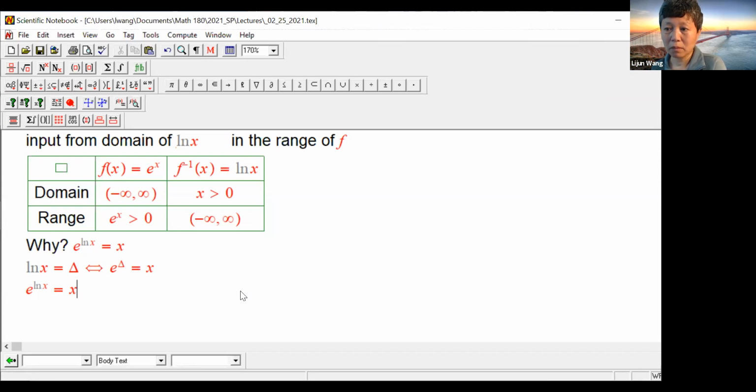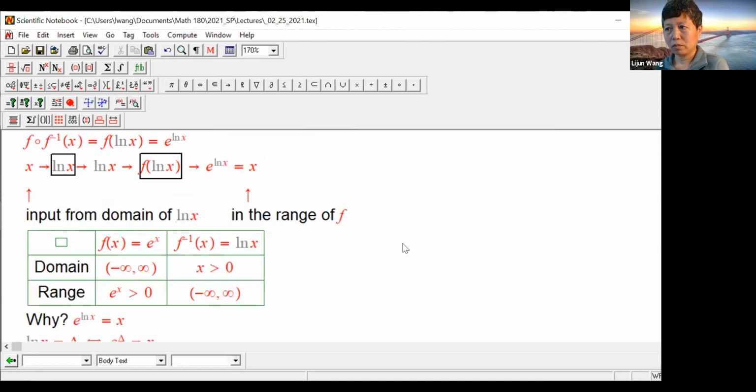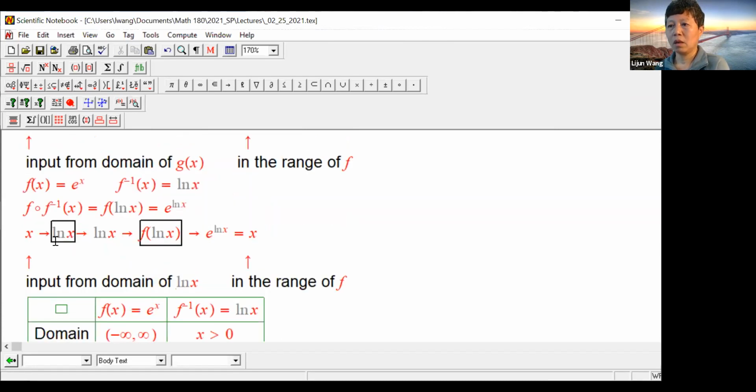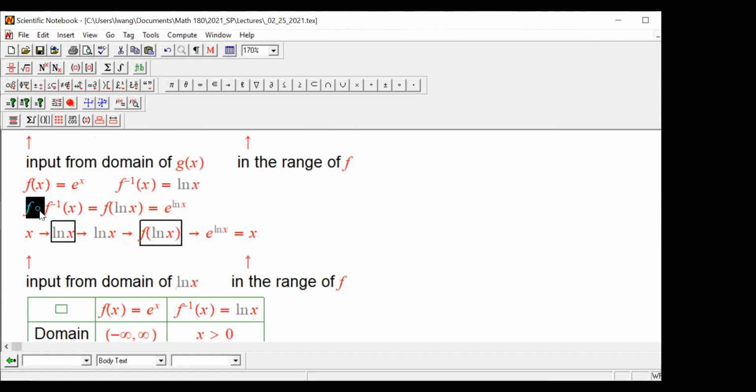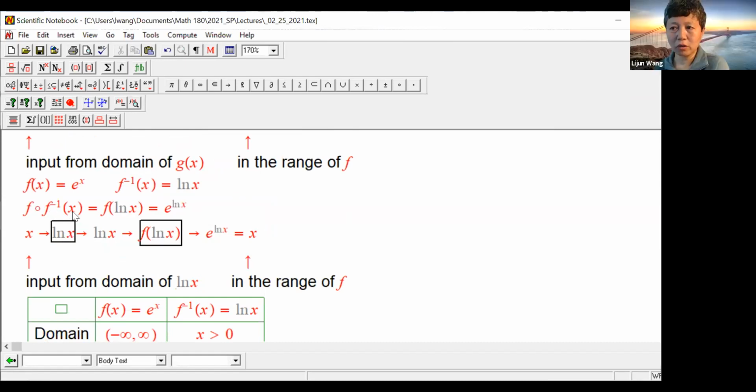You get it? So now, did you prove that this is true? By definition, substitute the triangle by its equal, because the triangle is the same as ln x, therefore this is true. So let's go back to where we were. How do we read it? f of f inverse of x equals what?